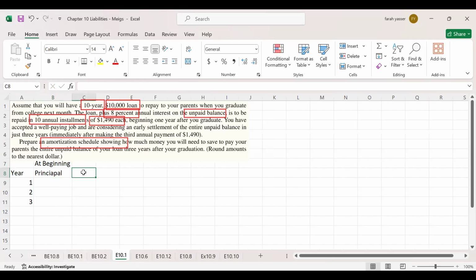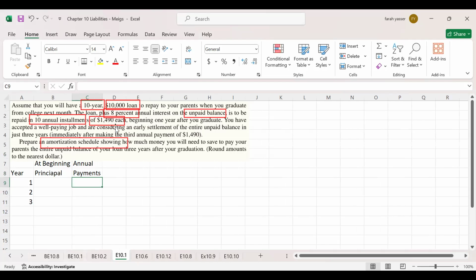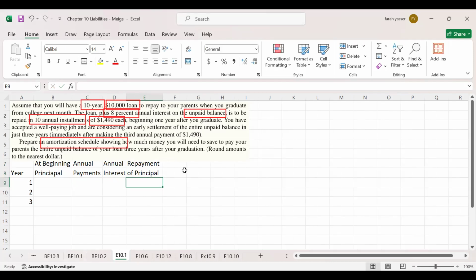Then we have annual payments, and this payment must be equal each year. Then we have annual interest. The next column would be repayment of principal, or the amount borrowed.